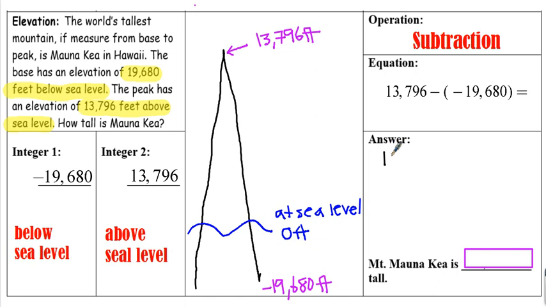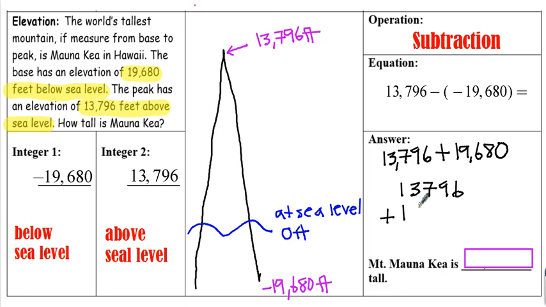So we'll have 13,796, and then change subtraction to addition, and we're going to take the opposite of the second integer. This is negative, so it's going to be positive 19,680. And we're going to have to add this. I know it's a large number, so you're probably going to have to set it up vertically. So we're going to do that.